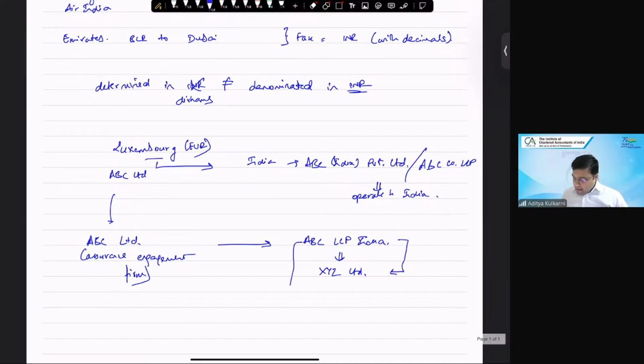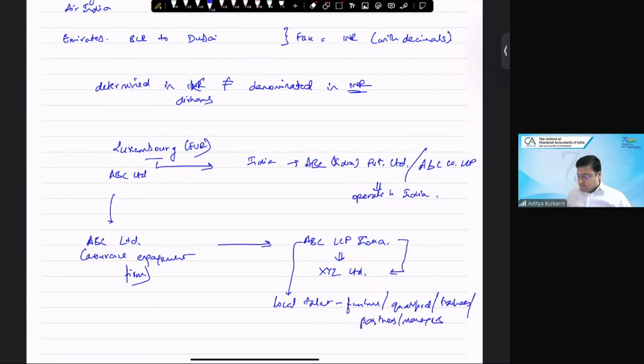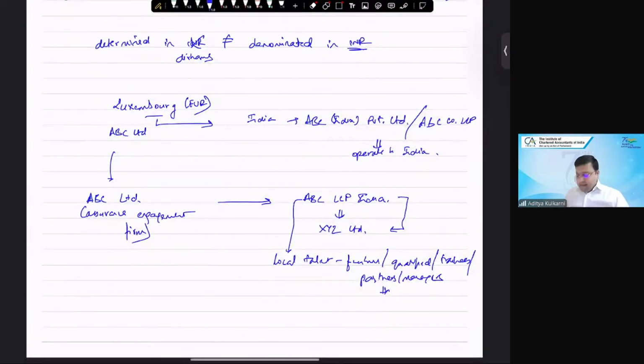Now, ABC LLP India has local talent, freshers, qualifieds, trainees, partners, managers, and all their salary structures are in line with the market rates of India.